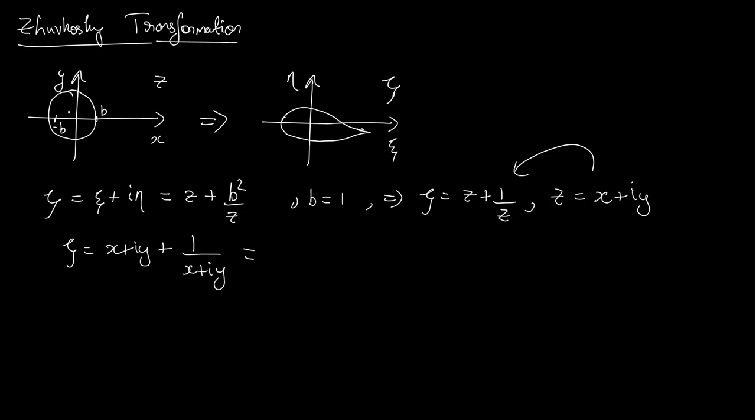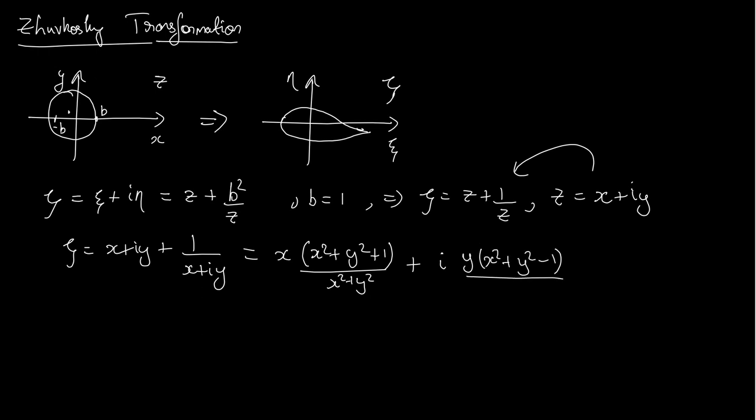If I simplify this, I'll get x into x square plus y square plus 1 by x square plus y square, plus i times, this is the imaginary part, i times y into x square plus y square minus 1 over x square plus y square.